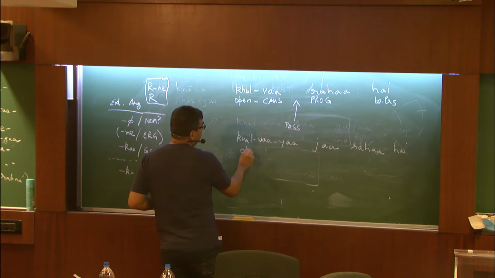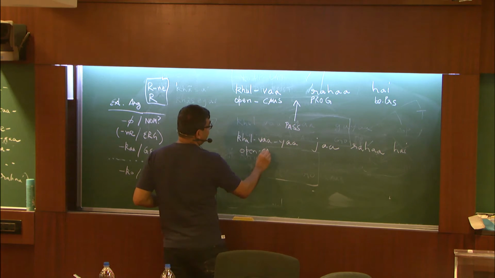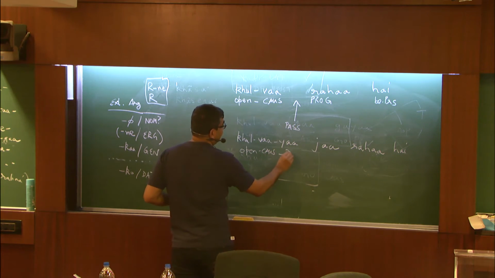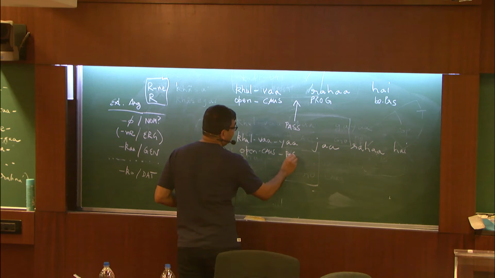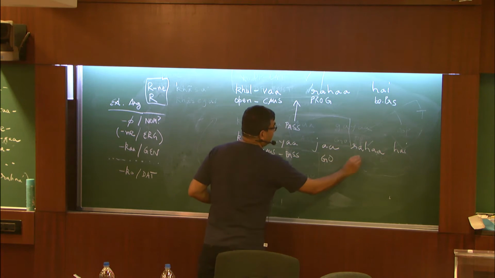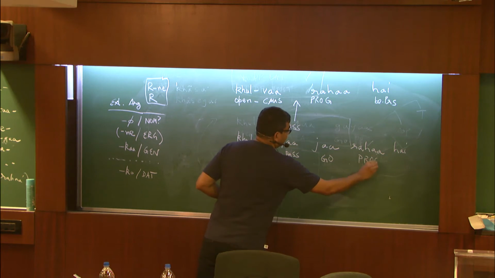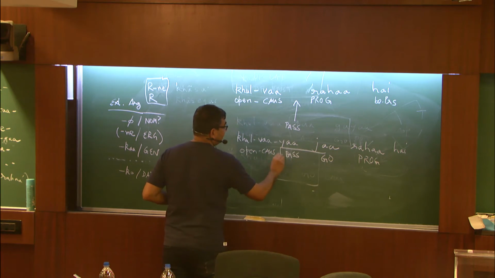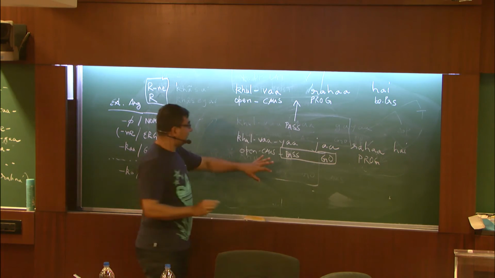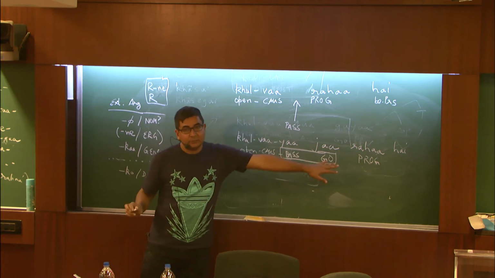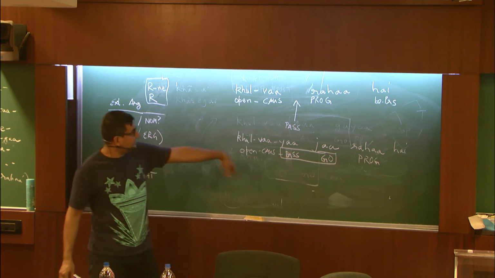So open, cause, perfective. Well, the point is it's the same morpheme, but here it's doing the passive. Go, progressive. So this thing has two pieces. This is the passive. So it's cause, passive, progressive. This is good.